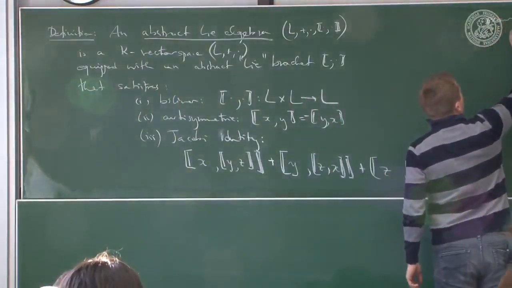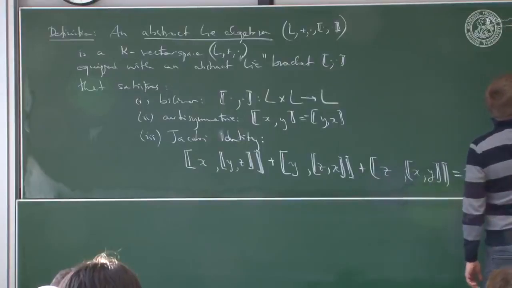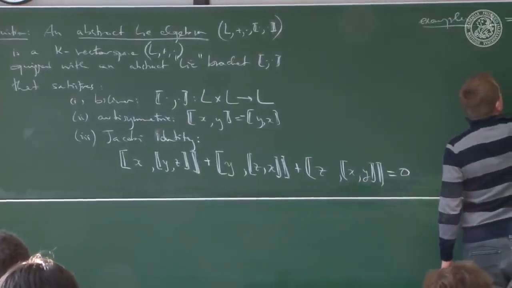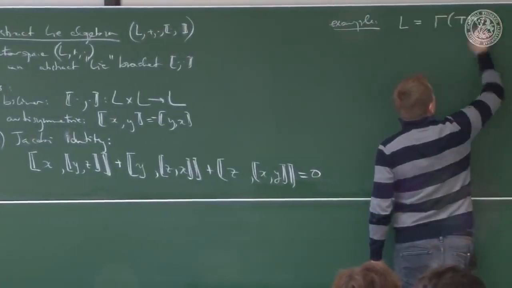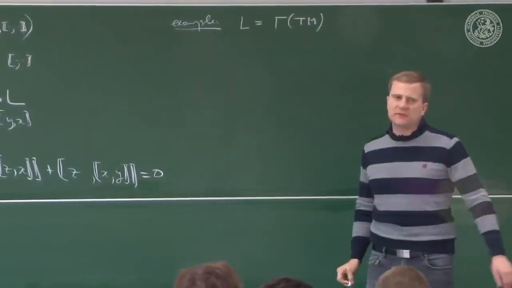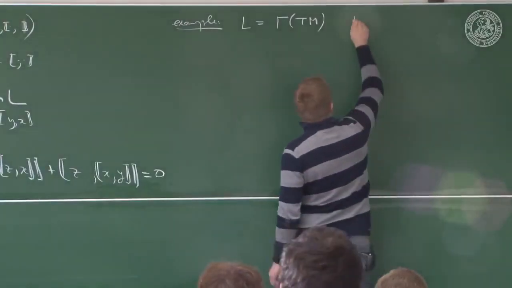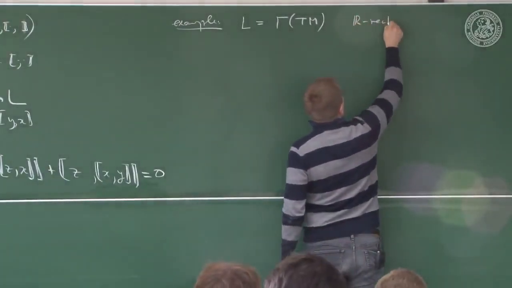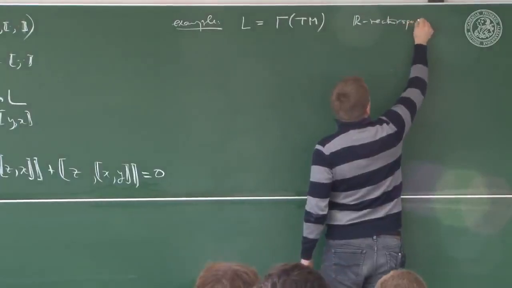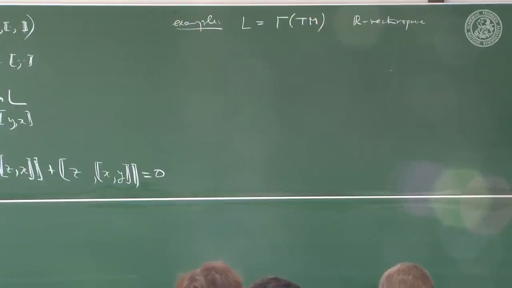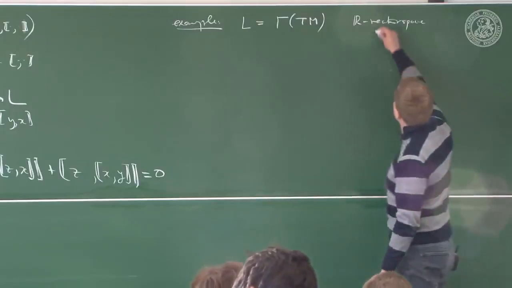Example: taking L to be all the sections of the tangent bundle of some smooth manifold, any smooth manifold. This is clearly, for a real manifold, an R vector space. Well, we know it's even a C infinity of M module, okay? But in particular, the weaker structure is that it's an R vector space.